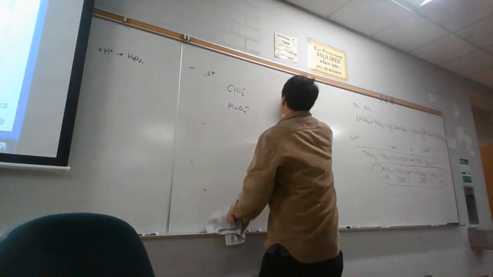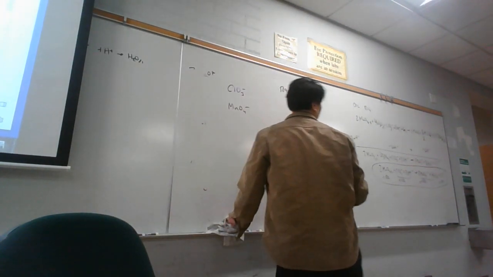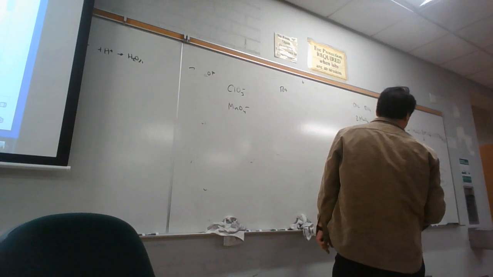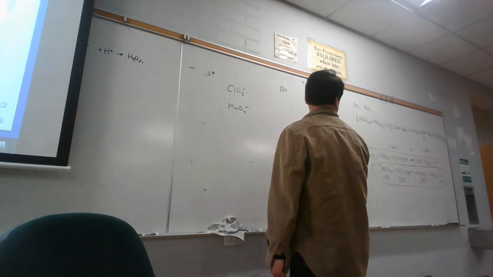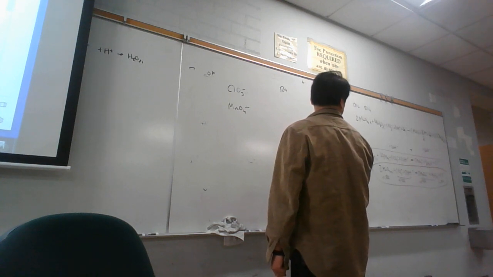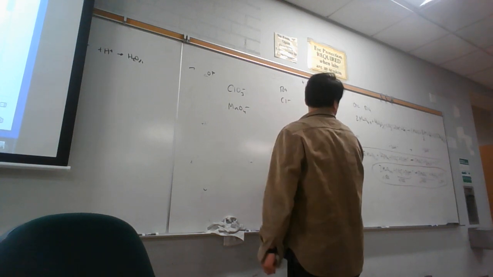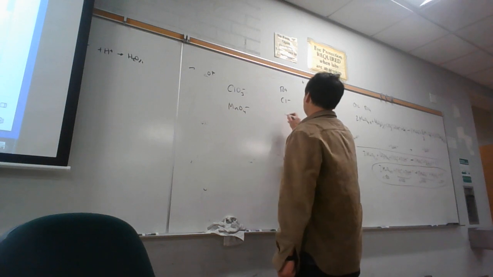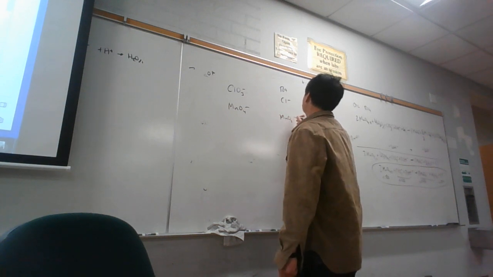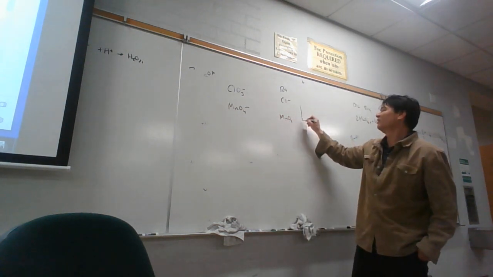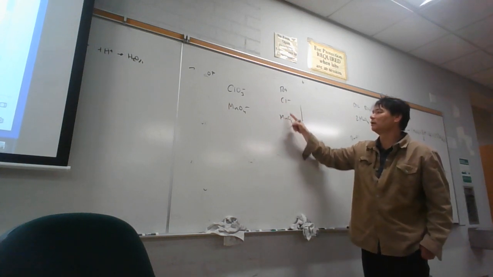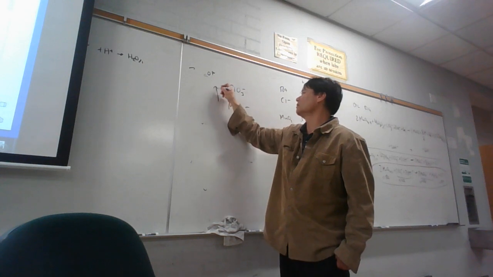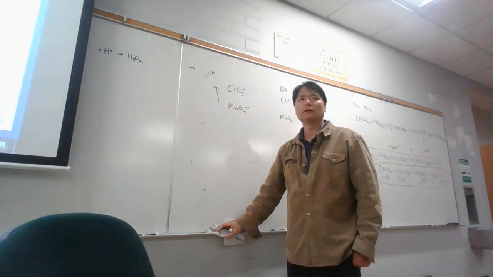Well, the conjugates are going to have the reverse trend. And so that means the conjugates would be chloride and MnO2. And so MnO2 is going to be a stronger reducer than chloride, whereas chlorate is going to be a stronger oxidizer than permanganate.